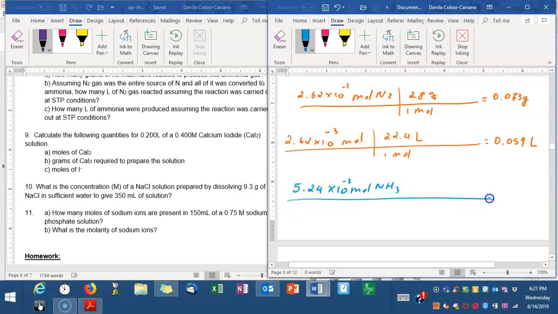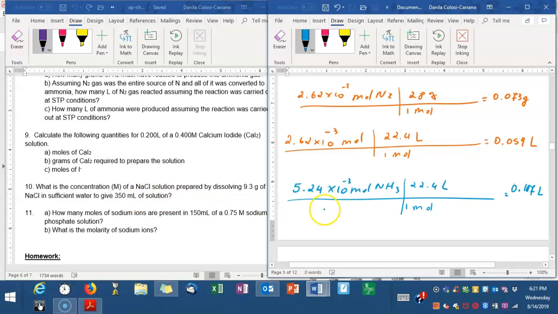Again, if this is gas at standard temperature and pressure, 1 mole occupies 22.4 liters. So now 5.24 e negative 3 times 22.4, 0.117 liters.